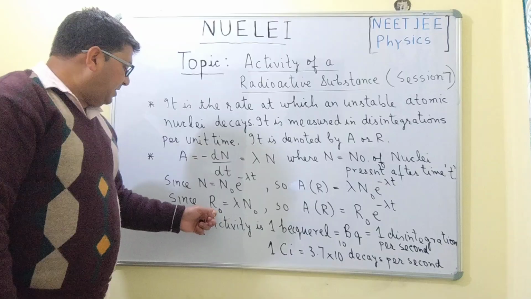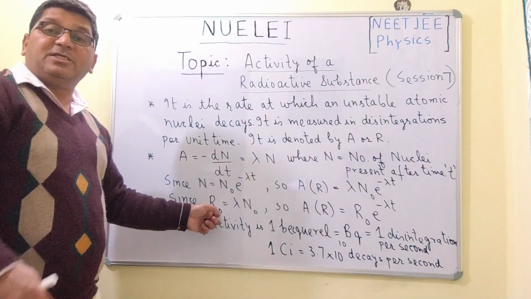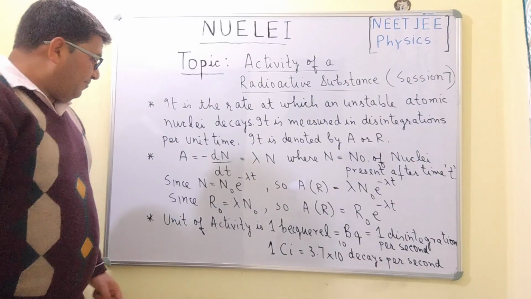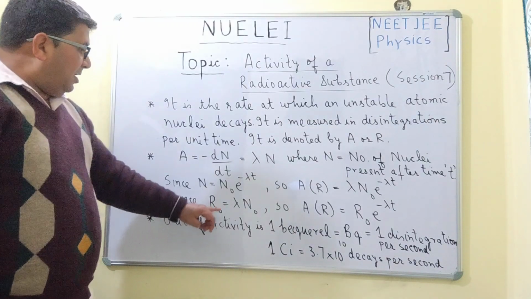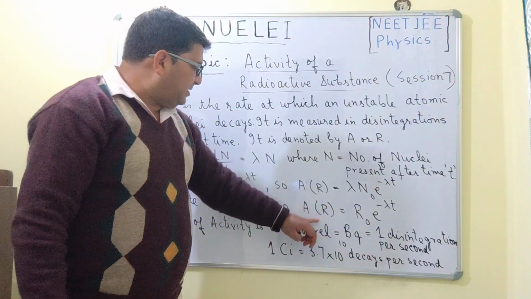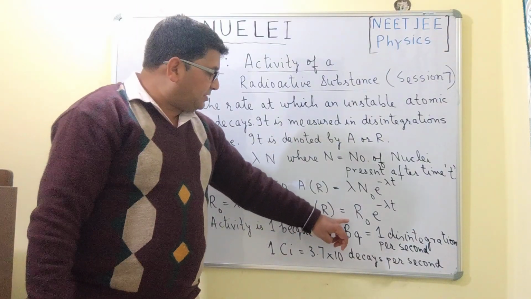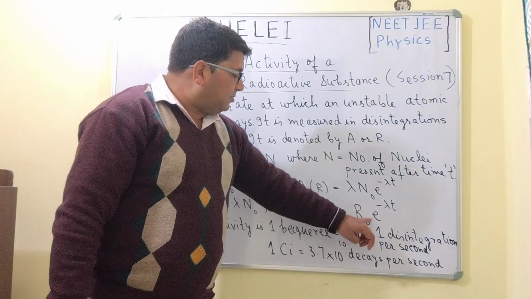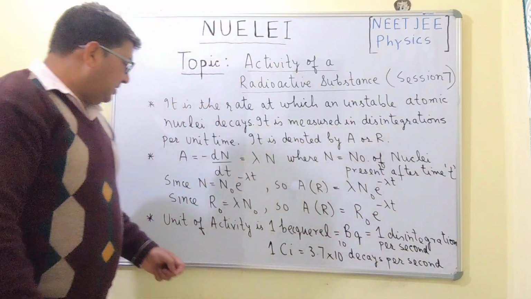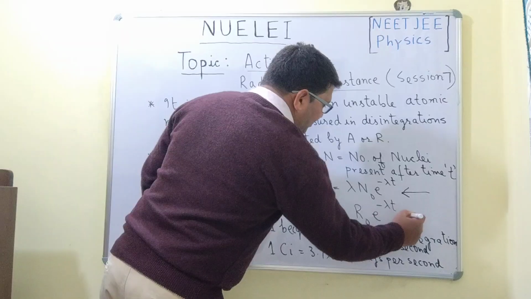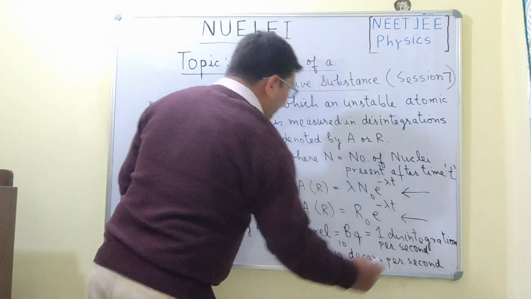Lambda is a decay constant, and R naught is the activity, or you can say it is the initial activity of the radioactive substance. So this equation can further be written as, that is the activity of a radioactive substance, this will be equal to R naught into e to the power minus lambda t. So these are some of the important equations which needs to be remembered.